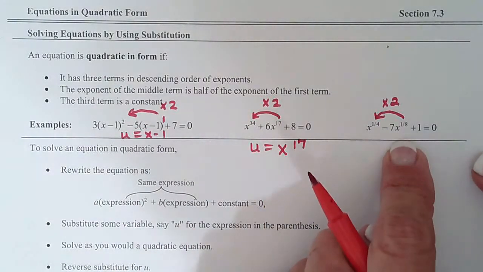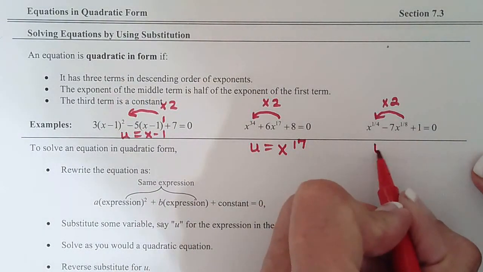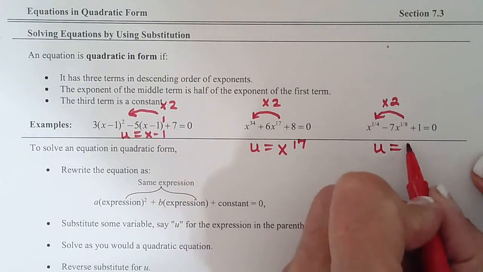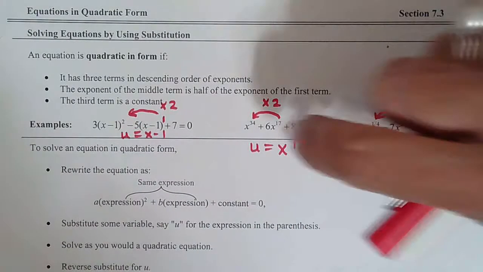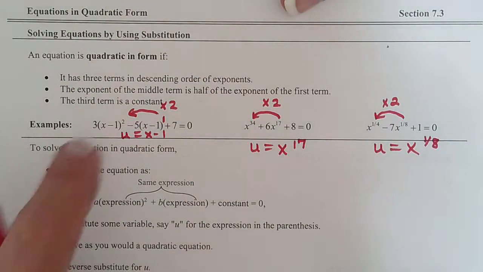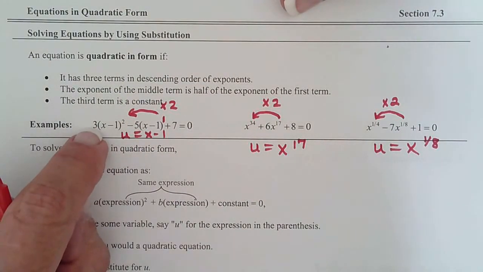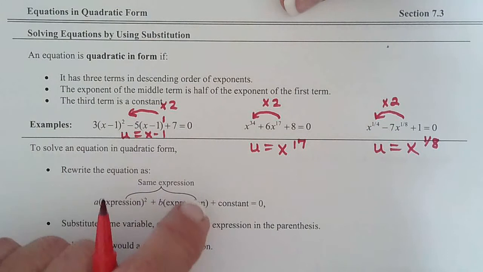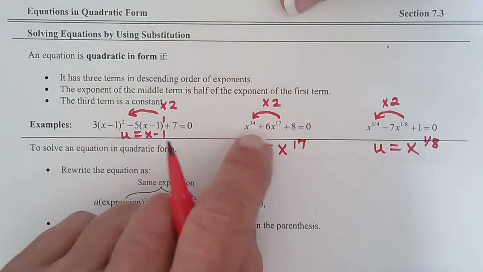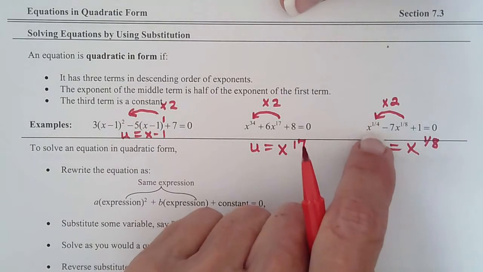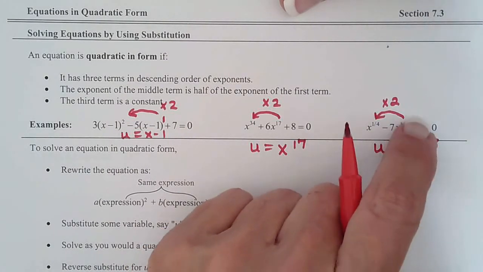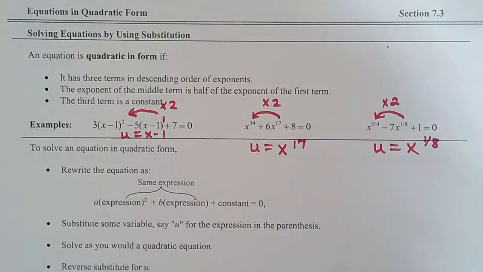On this third term, u is x to the 1/8. So it's never hard to find u. It's always just whatever the middle term is. And then this is always going to be 3u squared. This is going to be u squared because we said times 2 gives us that. And this is going to be u squared because we said times 2 gives us that.